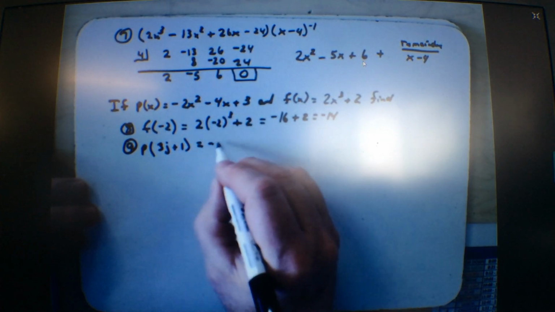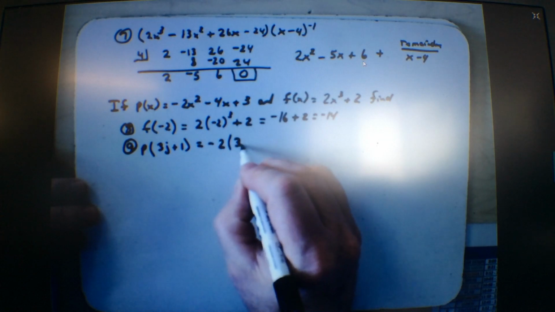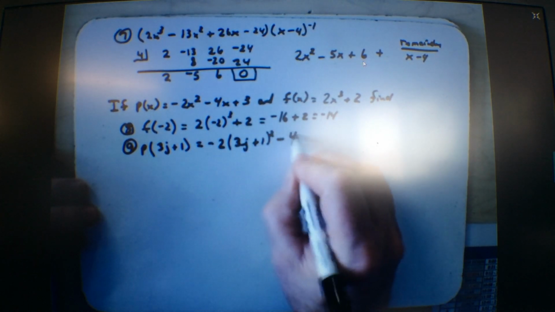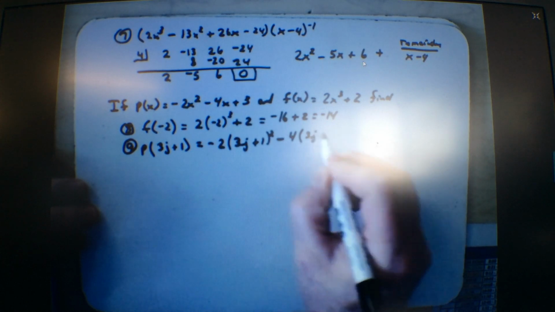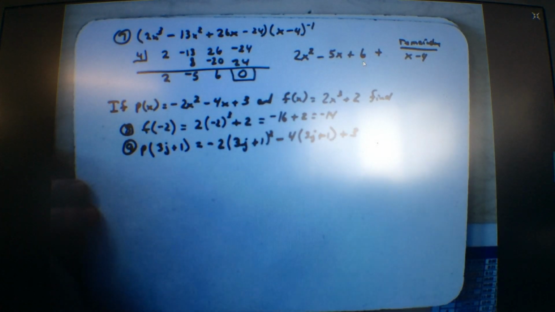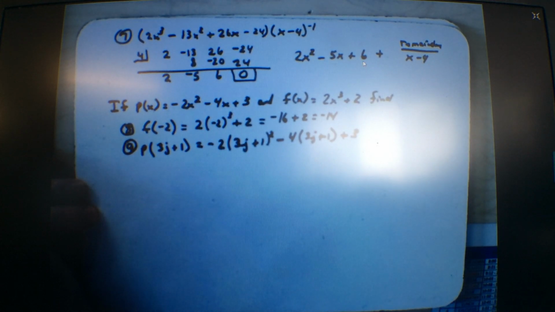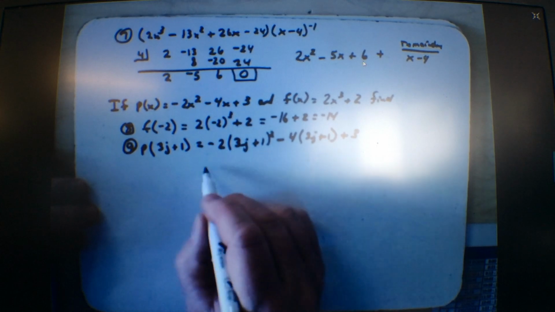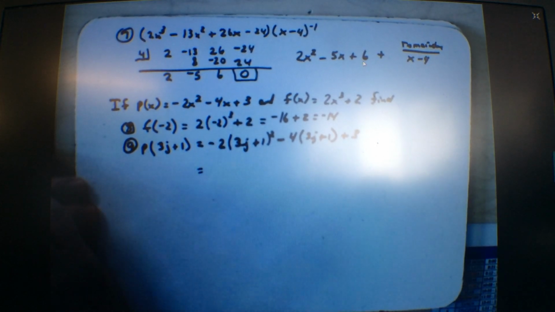So I'm going to go negative 2 times 3j plus 1 squared minus 4 times 3j plus 1 plus 3. Well, you can put that in our calculator. You got to FOIL this. You can't put j in there because you don't have a value. It's just going to be a variable.